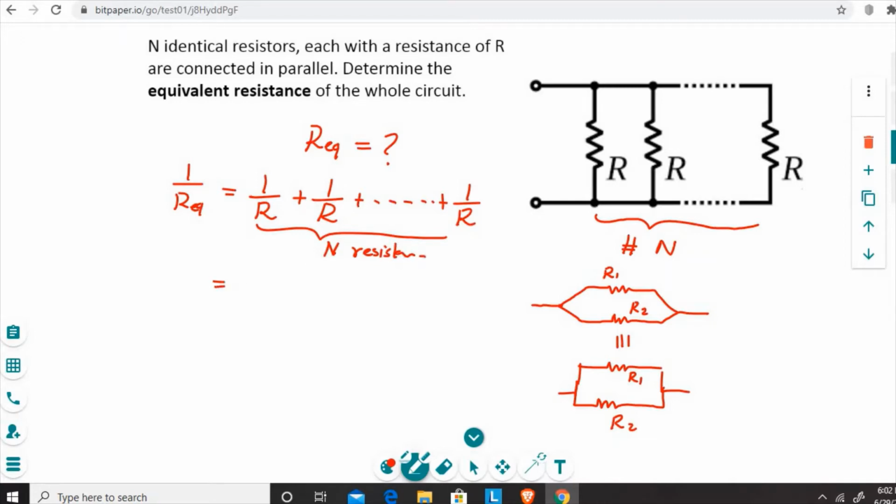So that means N multiplied by 1 over R, or N over R, is equal to 1 over R equivalent.